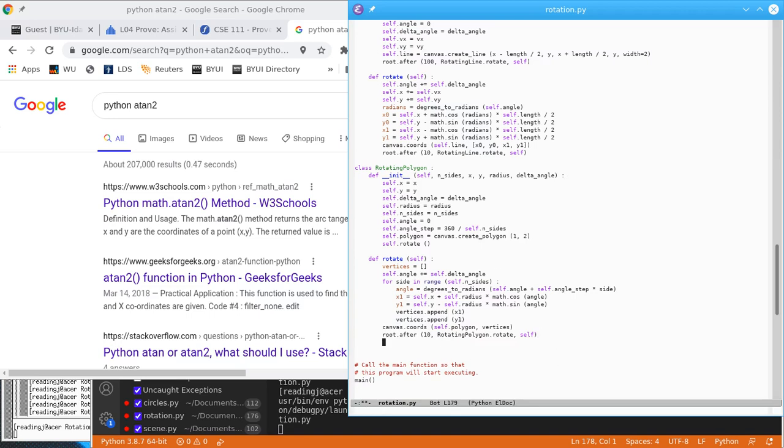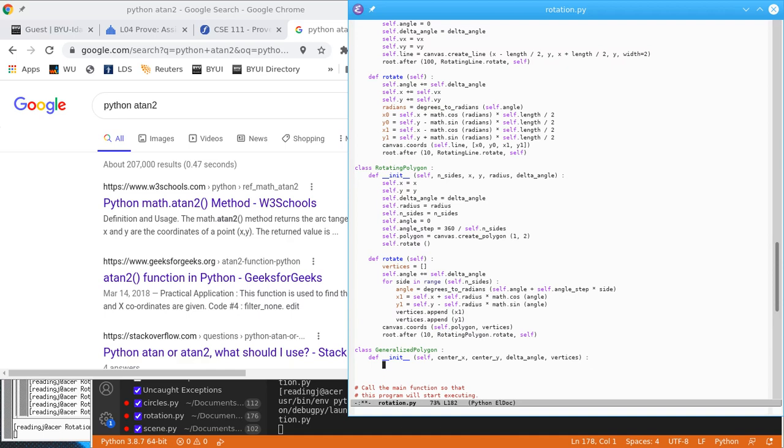So once again, class generalized polygon. Def __init__ self. I'm going to name these center X, center Y, delta angle, and then vertices.